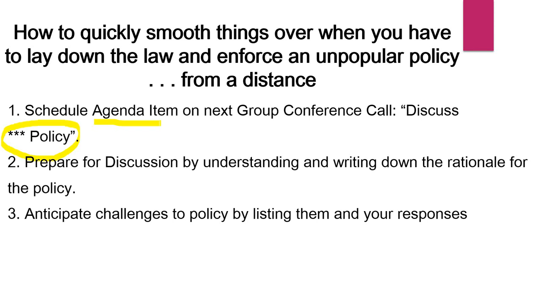So that too should be ready from your end. This kind of question can come from the team about this policy, so what should be your answer, what should be your response? Okay, so that is called anticipating challenges to a policy by listing them and your responses.